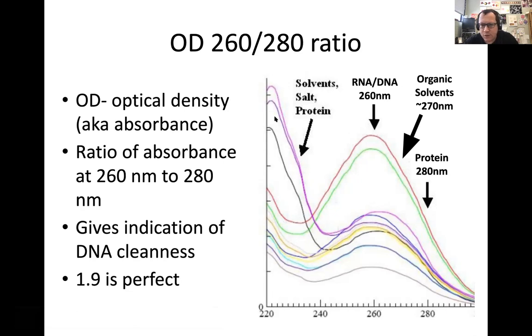If your curve is mostly up here and your DNA is showing up down here, that's not a good thing. Ideally, your curve should look something like this red and this green one. So you're going to use the nanodrop to figure out your concentration and your OD 260/280 ratio, and the machine spits all this out for you. You don't actually have to do any of that math yourself.